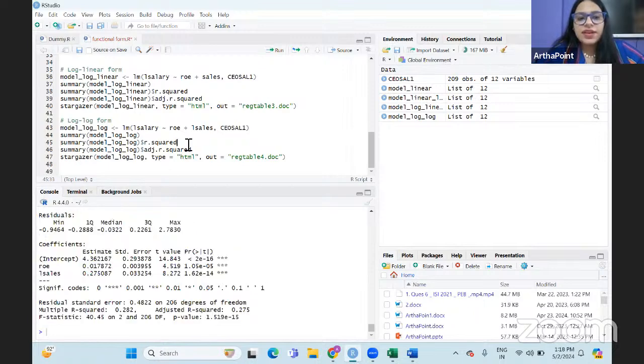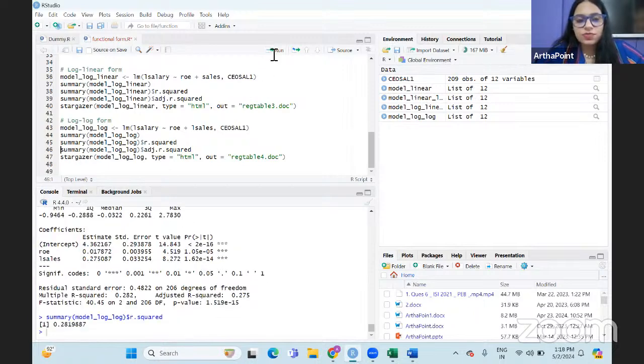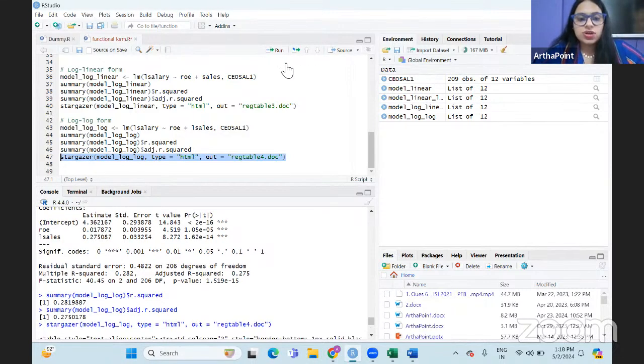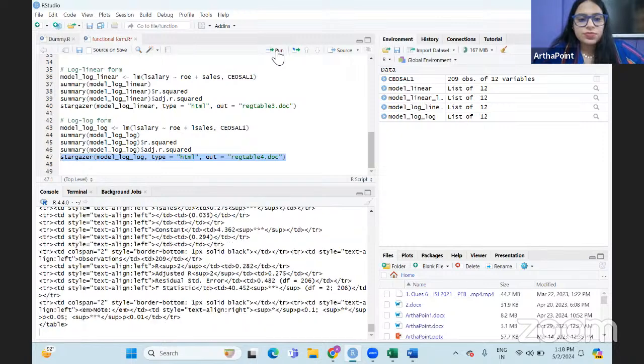Now I am finding the R square value from this model. See, R square is 28%. I am finding adjusted R square. Adjusted R square is approximately 27%. And I am going ahead and finding the entire information in this summary in the form of a doc file. I'm just running this. And now I can open this doc file.